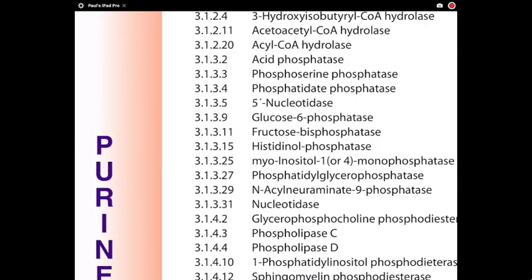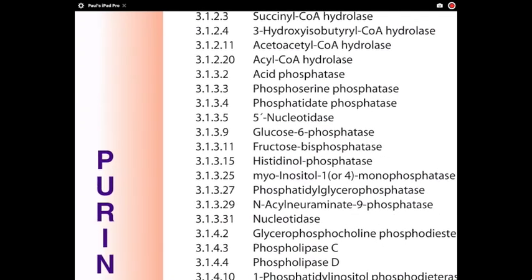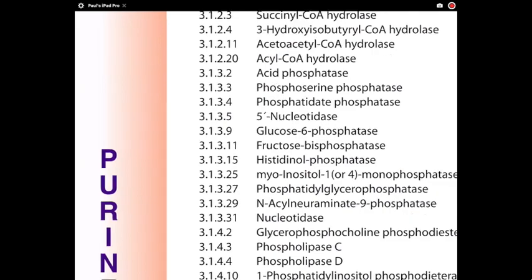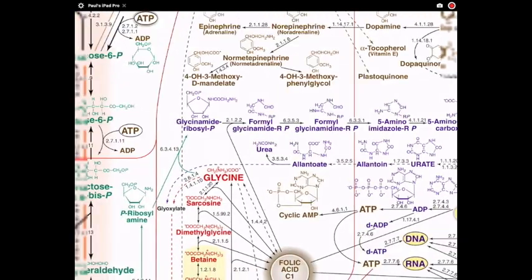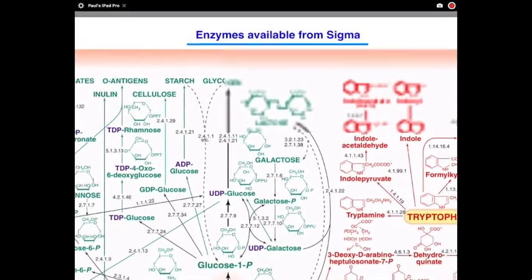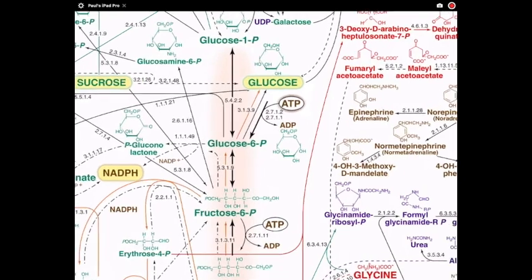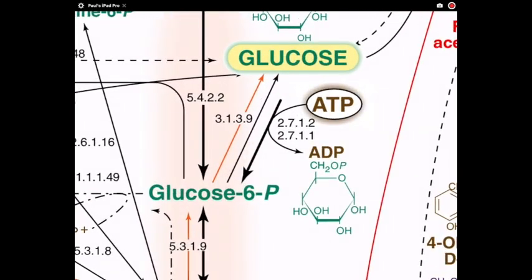3-1, 3-9. Nope, that's not that one. The arrow was the reverse. Oh man, totally messed up. That was the reverse reaction. Now let's find it back there. Okay, so the 3-1-3-9 goes up to glucose.